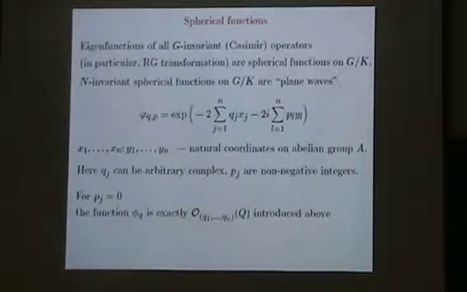In each representation there are many spherical functions, and you can choose the one you prefer, which is invariant with respect to N and depends only on the coordinates on A. It turns out that in these coordinates the spherical functions look simply like plane waves, exponentials. That's a very general statement, and that's a way to construct them. So you go to this coordinate system, and then you know the spherical functions are just simple exponentials.